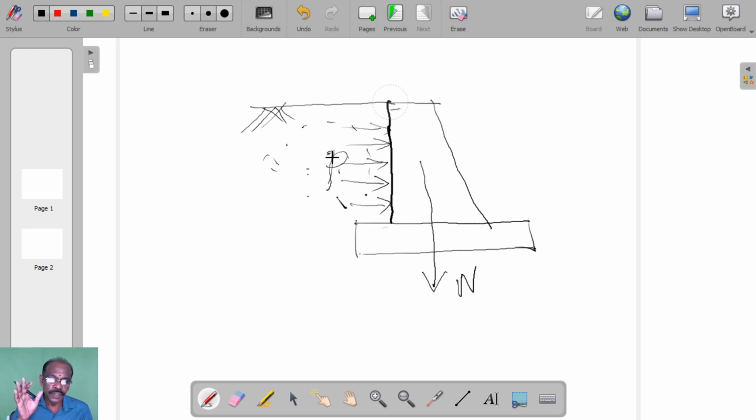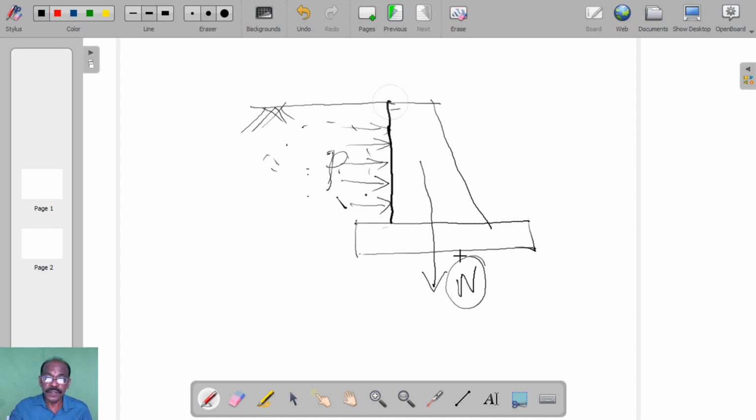So in this type of gravity retaining wall, the wall itself is stable because of its self weight W. If the weight is more and the pressure is less, the wall will be stable. A wall which is stable only because of its own weight is a gravity retaining wall. That is, the wall is stable because of gravitational force.